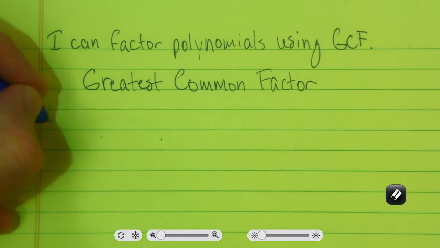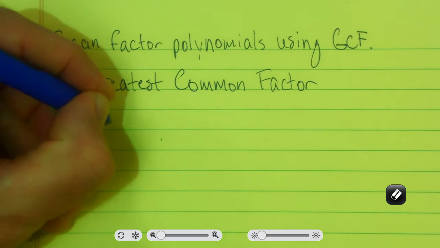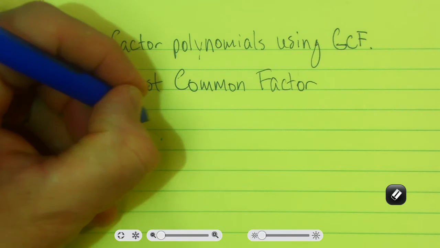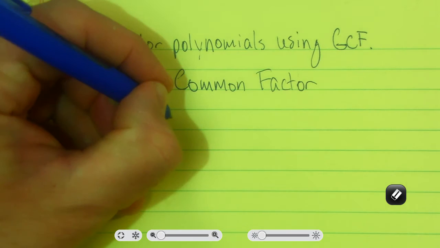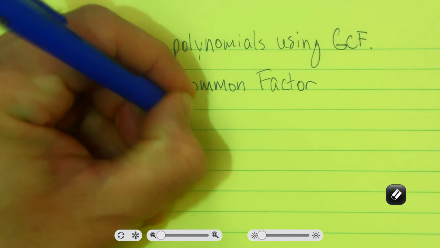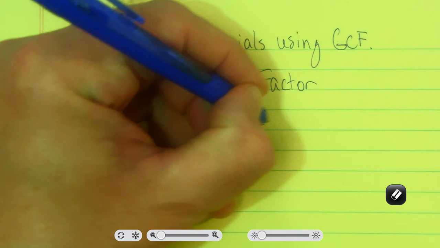Now, we've got to understand really what is factoring. Well, there are a lot of technical definitions, but a working definition is it's kind of undoing, or the inverse of, distribution in polynomials.